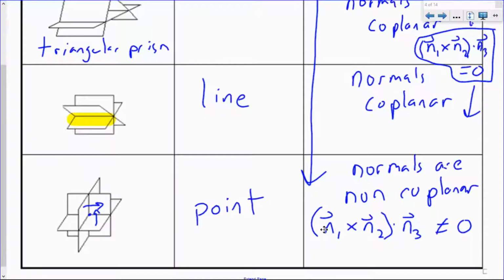And in this case, if the vectors are non-coplanar, when you do the cross product, you get a vector perpendicular to both n1 and n2, and also any vector in the same plane as n1 and n2. So what I've highlighted here, the cross product, is a vector perpendicular to n1 and n2. If it's also perpendicular to n3, then the dot product would be 0, and if it's not, then the dot product's not 0. You might want to review that lesson. It was actually our second vectors unit, lesson 5, where we talked about the triple scalar product if you need to.